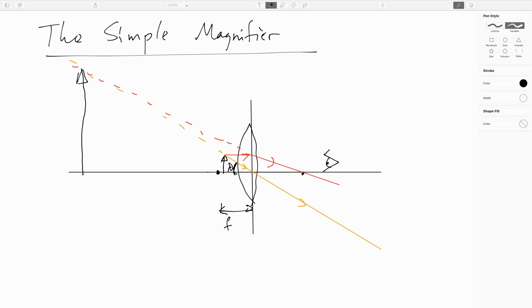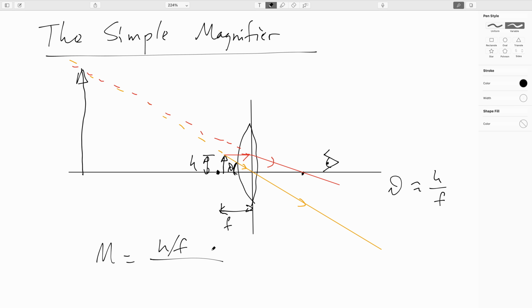So we can approximate this angle as being the height of my object over the focal length.